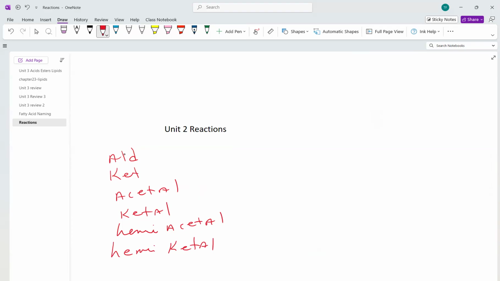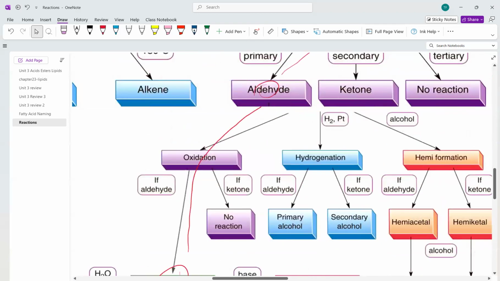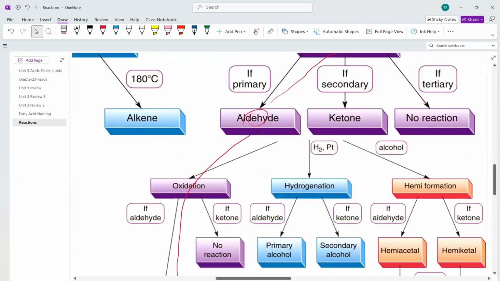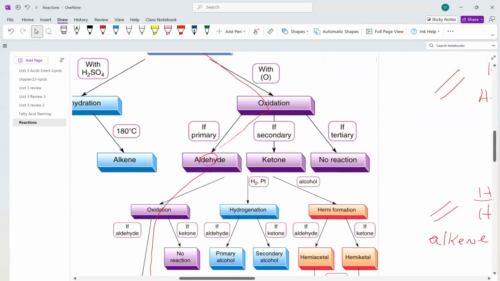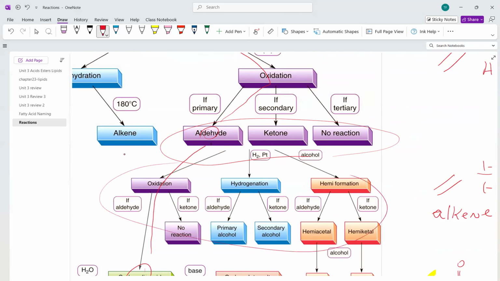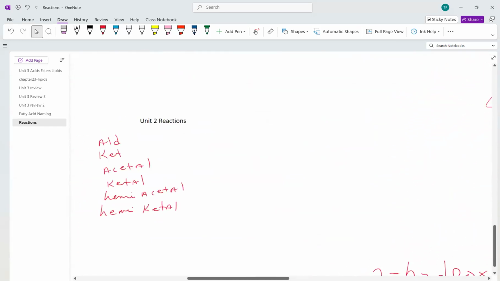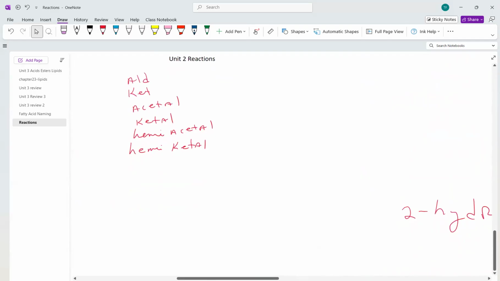So we're looking at these guys here, and these guys. Okay, so let's look at an aldehyde.